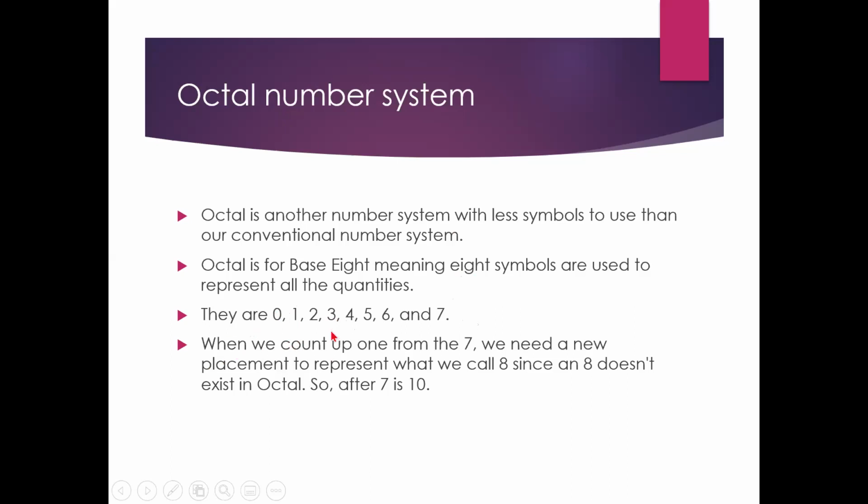So when we use these symbols to represent the quantities up to 7, no problem. When you have to represent a little higher value, you have to go for the next digit. That means if you have to represent the quantity 8, there is no 8 in this octal number system. The 8 is represented as a 2-digit number, that is 10.